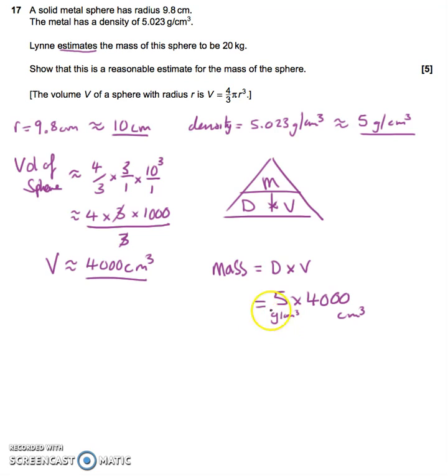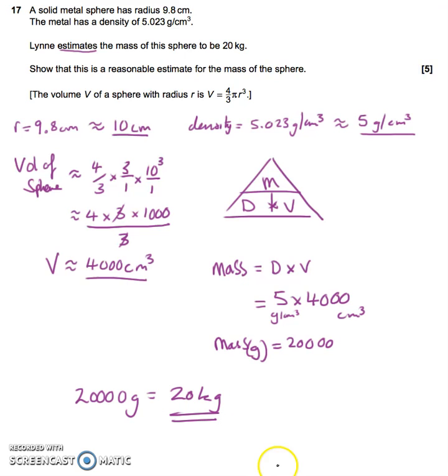So because of the grams per centimeter cubed, our mass is going to be in grams. The mass in grams is equal to 5 times 4, which is 20, and then 3 zeros. So 20,000 grams, which is equal to 20 kilograms. And we've reached the same answer as what Lynn did.